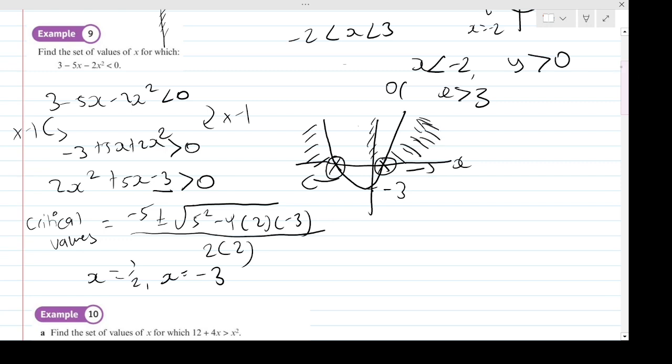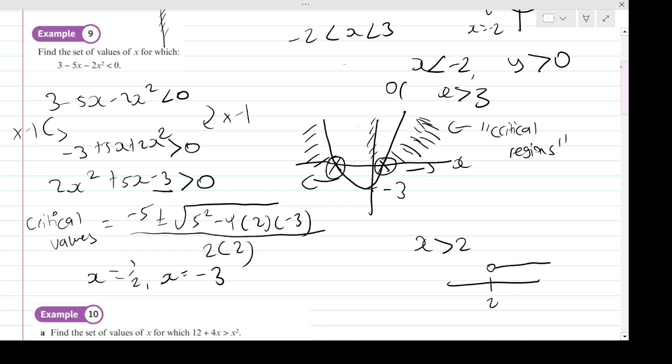Now, I did mention these are called critical values, which are the roots of an inequality. They're called critical values because these regions have a fancy name. They're called critical regions. Critical regions are basically the solutions of an inequality. With linear inequalities, like we looked at last time, if we had x greater than 2, we could draw the number line.